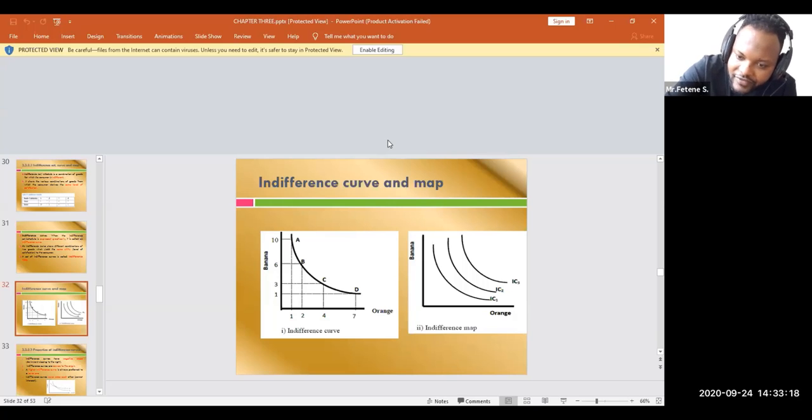At indifference curve 2 the consumer gains higher satisfaction, and on indifference curve 3 the highest utility or satisfaction. This is called an indifference map.